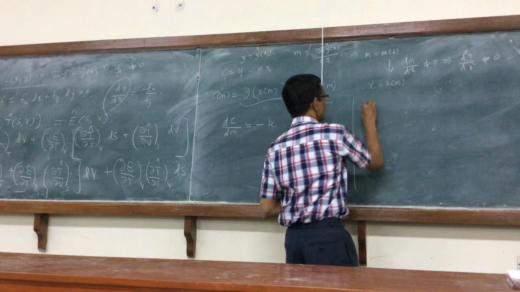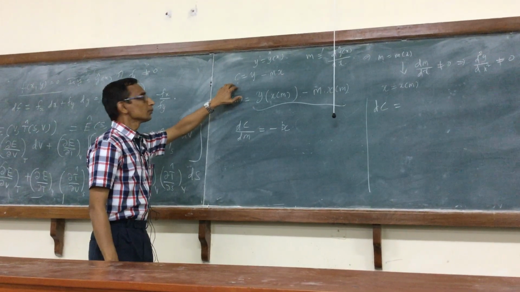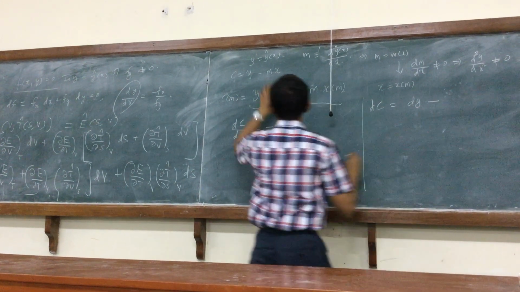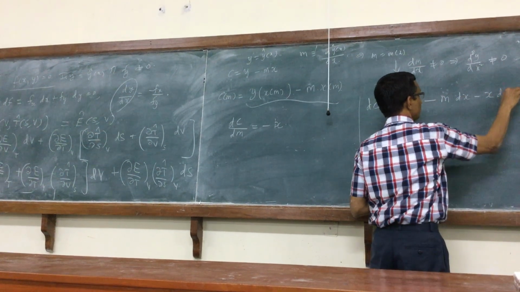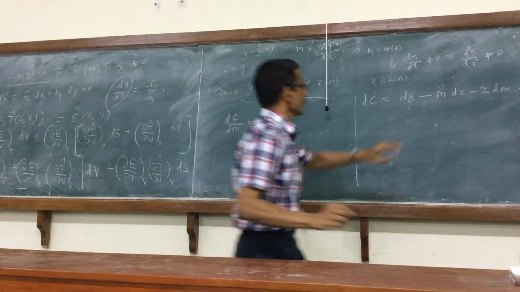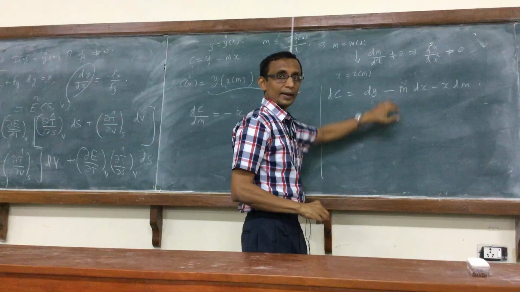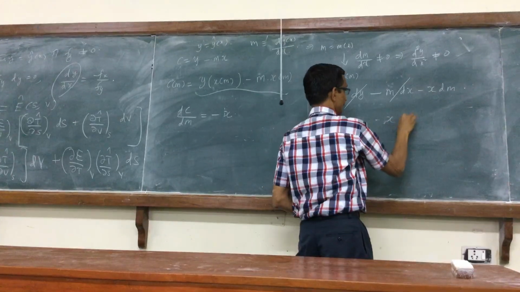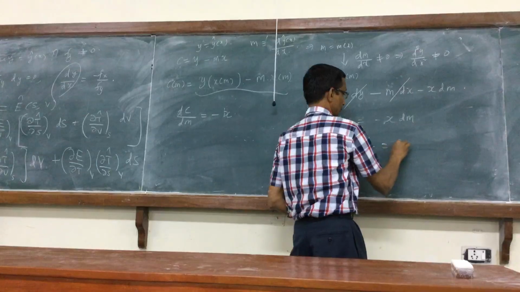If I do that, I can write the differential dc is dy minus mdx minus xdm. And then I know that because dy by dx is m, the differential of y is mdx. So I cancel this and then I get dc equal to minus xdm. And then I write dc by dm is equal to minus x.